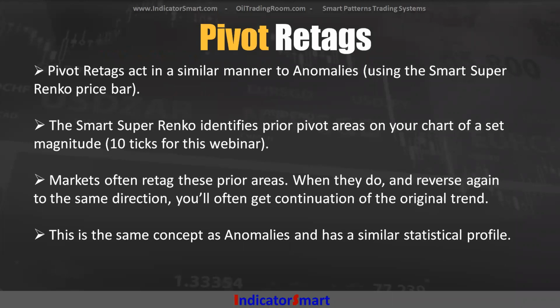So next, we're going to go to pivot retags. We're just structurally building forward here, and we're funneling down the time frames into smaller and smaller scales. So a pivot retag works on the bars themselves. The pivot retag acts in a similar manner to anomalies and has a similar statistical profile to what we've been describing.